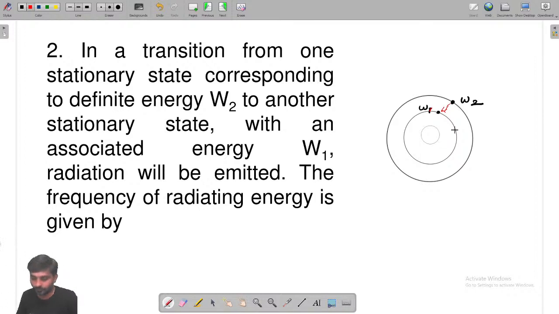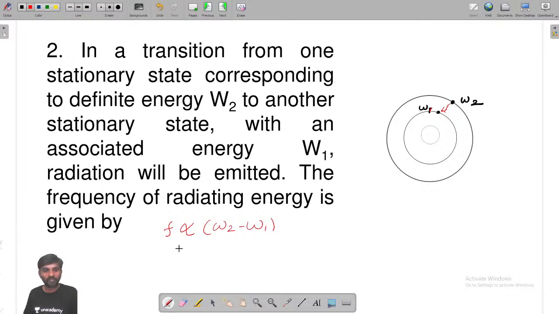So this is what it is. And the frequency of radiating energy, F, is directly proportional to the difference of energy levels. F is directly proportional to W2 minus W1.